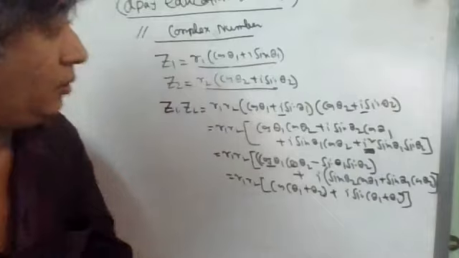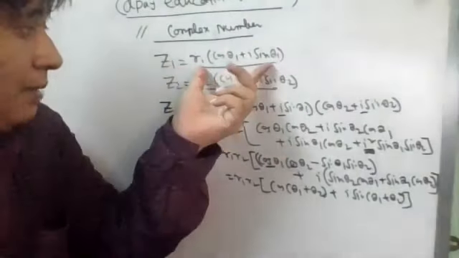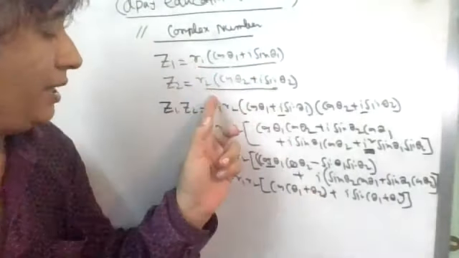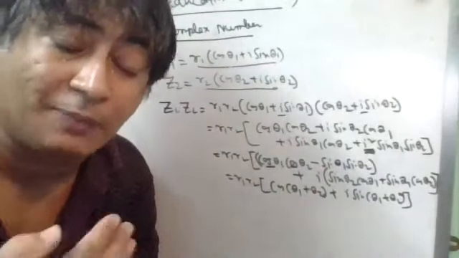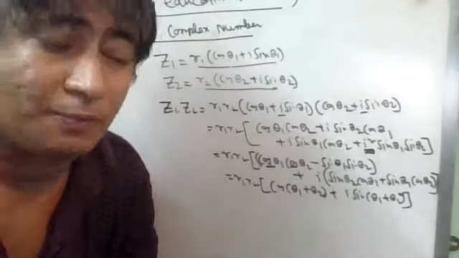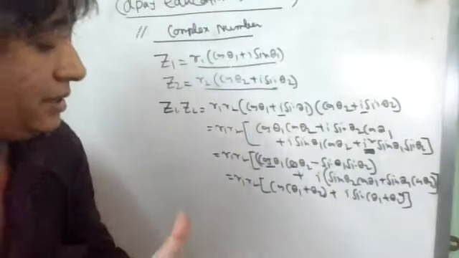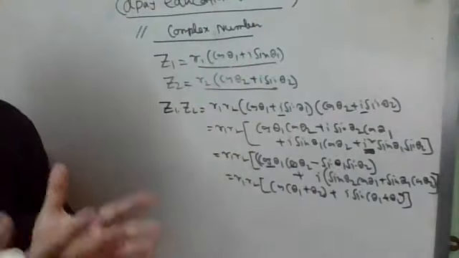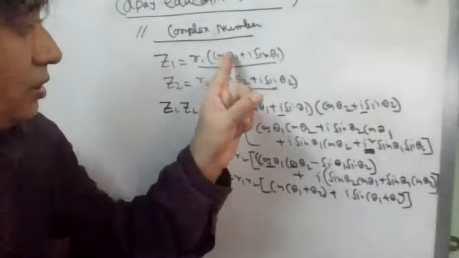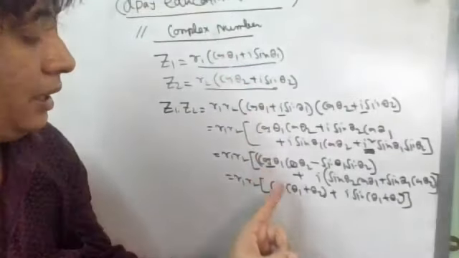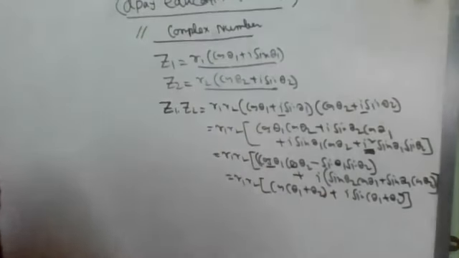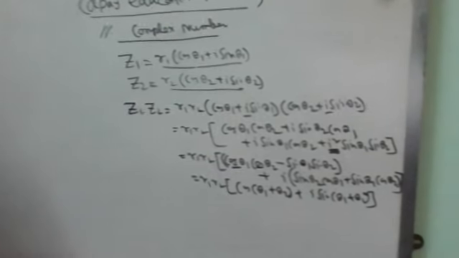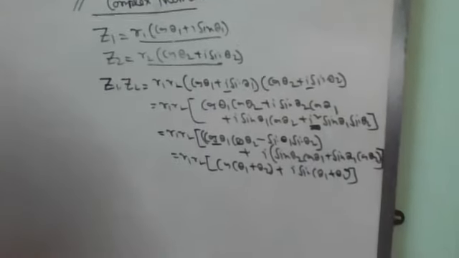So I have got this for 2 points. If you wish, you can take 3 points, 4 points, 5 points, up to n number of points; in each case, angles will be in additive form.